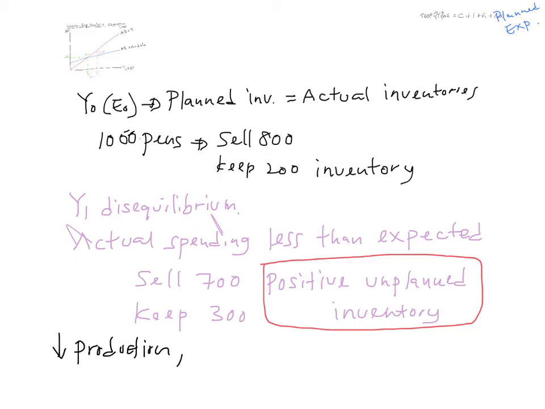This will of course lead to a fall in GDP because you're producing less. Producing less is a fall in GDP, which means your income must be less. Okay? Which will reduce aggregate expenditure eventually. And this will continue until you reach Y0 and you are back in equilibrium.